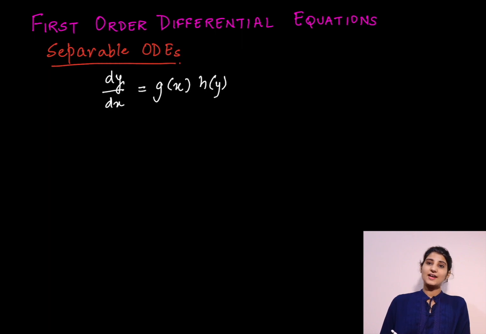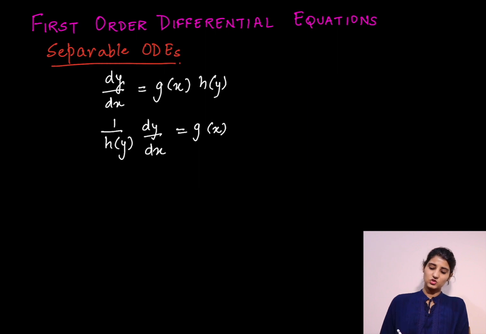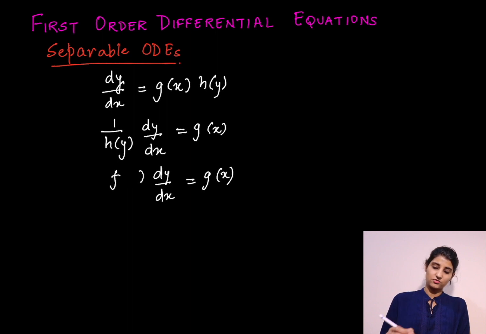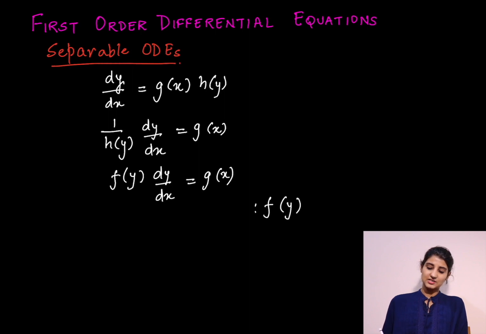And then if you divide by h(y), we'll get 1 over h(y) dy over dx equal to g(x), which you can also say f(y) dy over dx is equal to g(x). Sorry, I should say f(y), not f(x), where f(y) is equal to 1 over h(y).